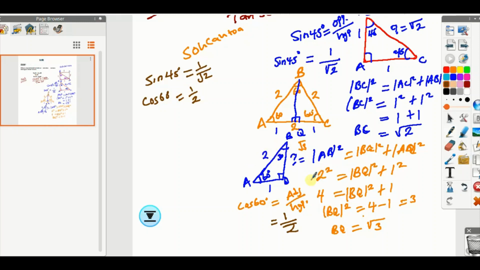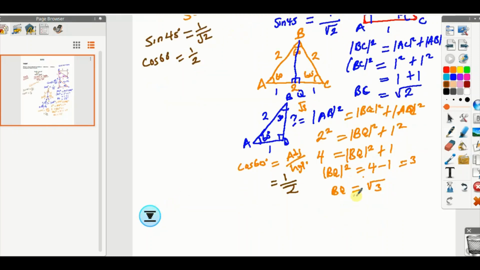Right, now we are looking for tan 30 degrees, and here we have our tan 30 degrees. Tan 30 degrees is opposite over adjacent. So which one is the opposite now among this angle?